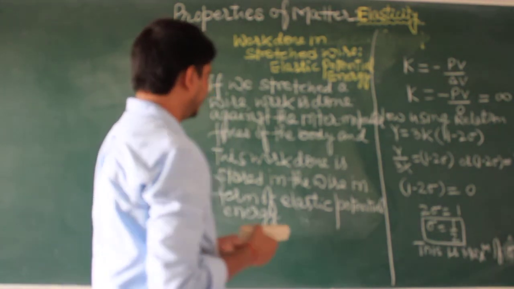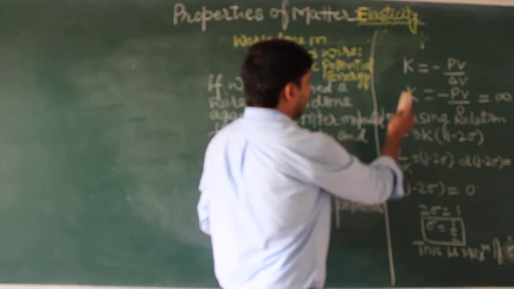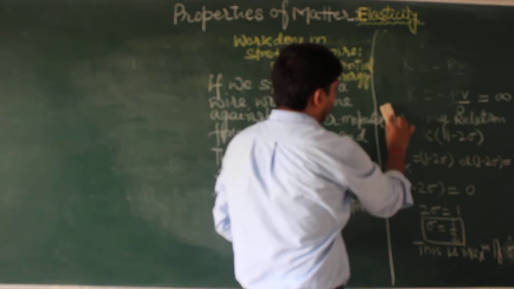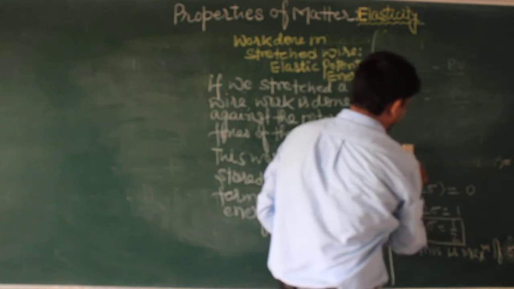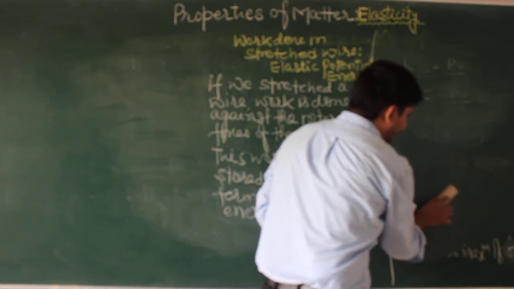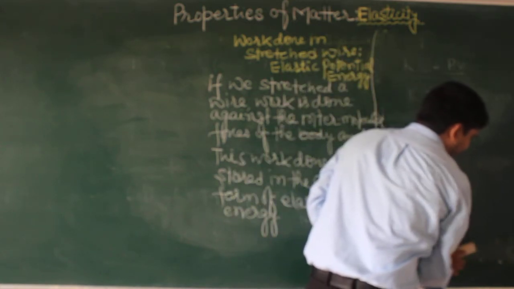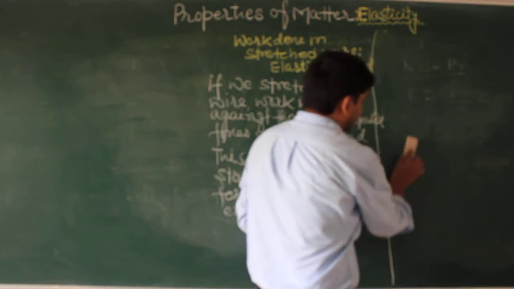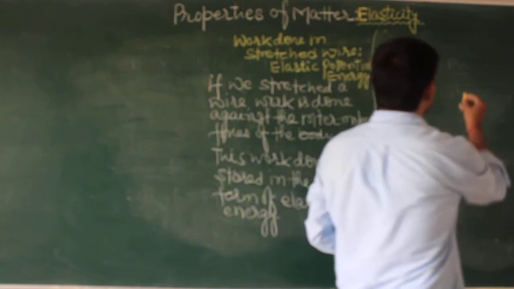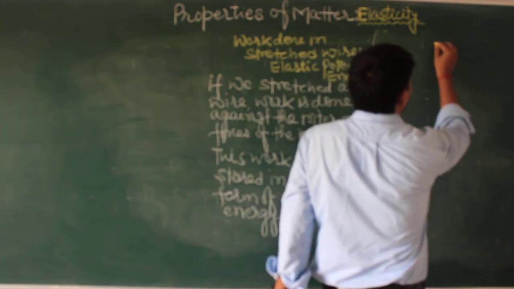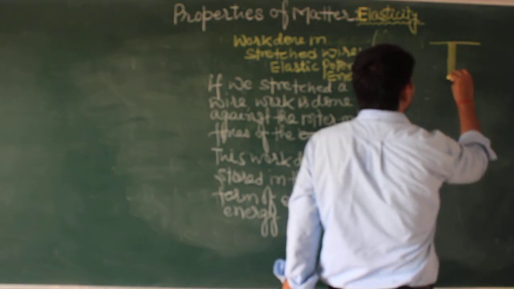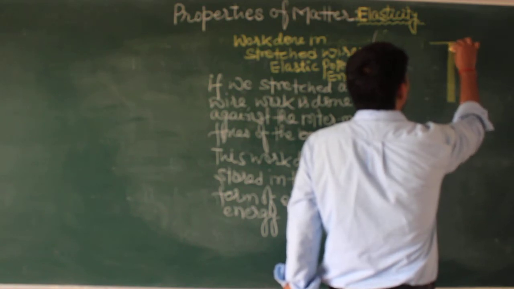Now, if you have a wire of length L and cross sectional area of the wire is A, and if you apply force F, then there will be some increase of length of the wire. Suppose here there is a thin wire.